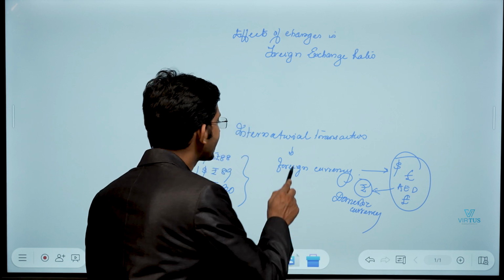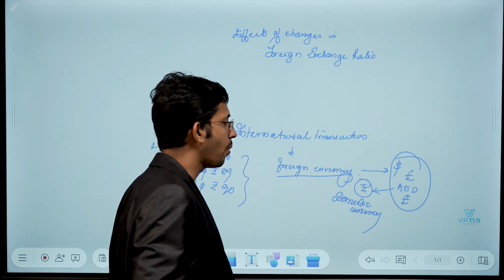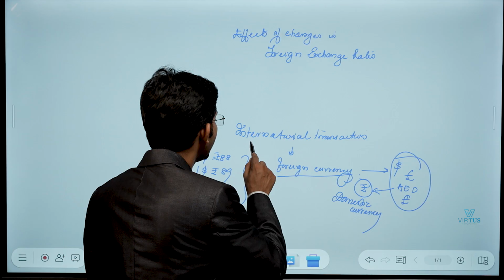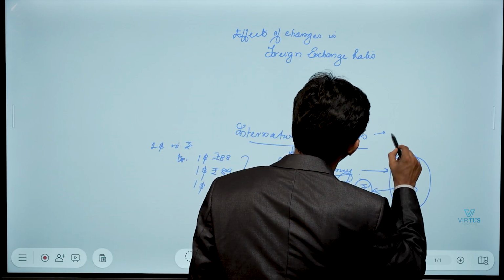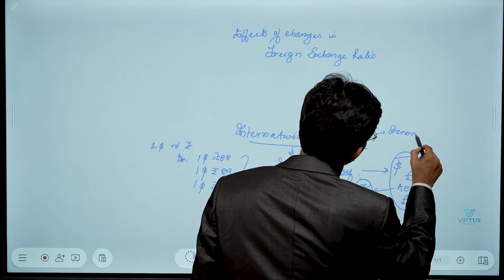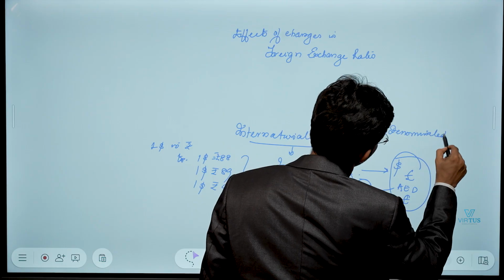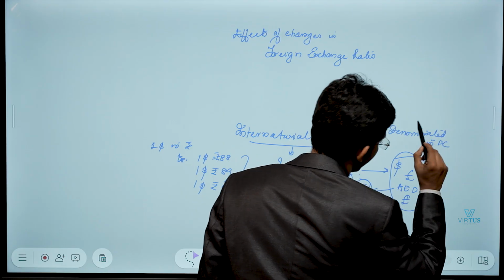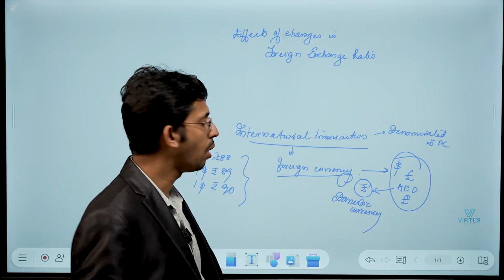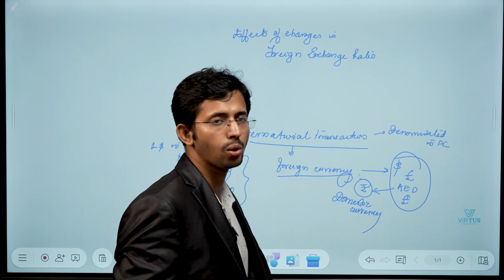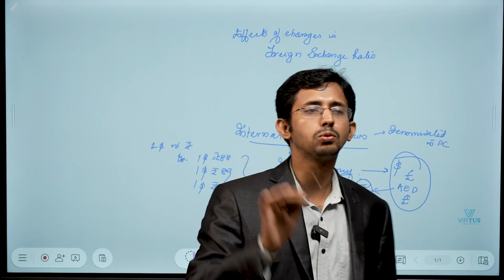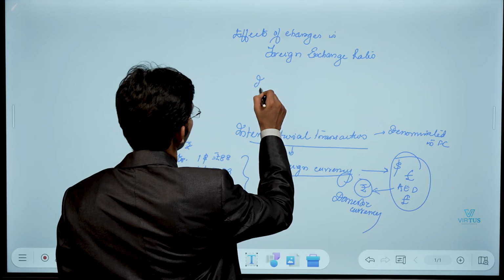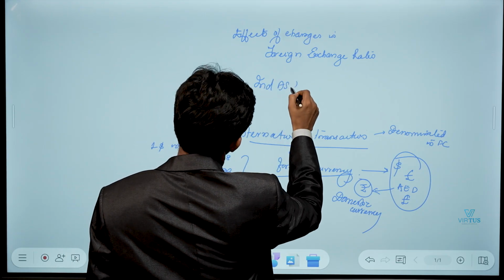So when the exchange rate changes for the foreign currency and the international transactions are denominated in foreign currency, how to do the accounting of such transactions which are done in foreign currency? That is what IND AS 21 talks about.